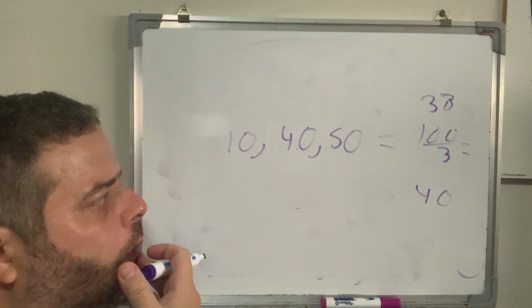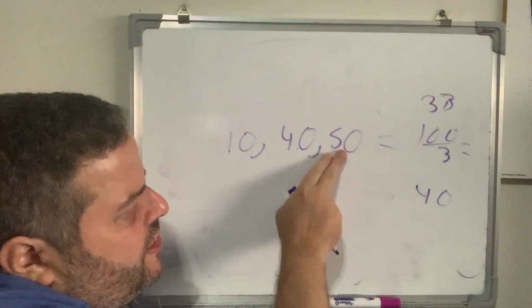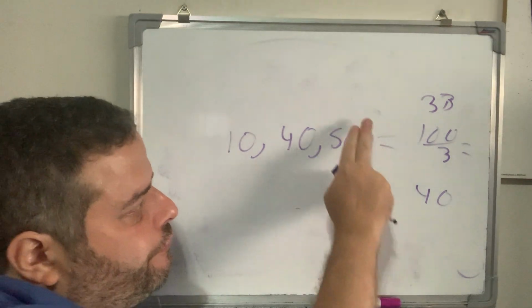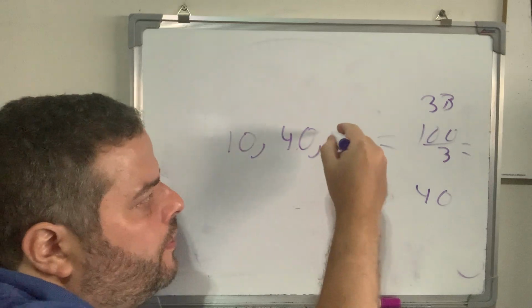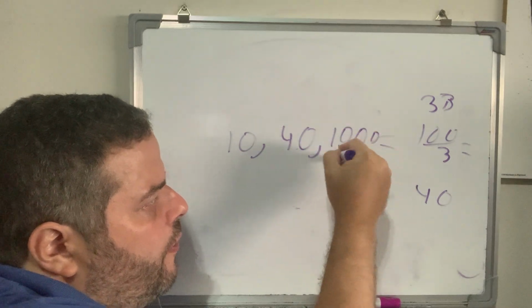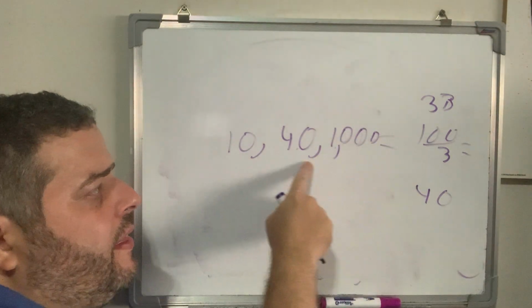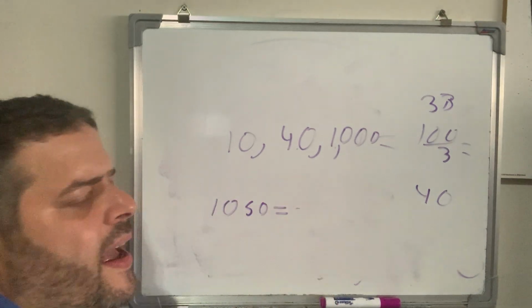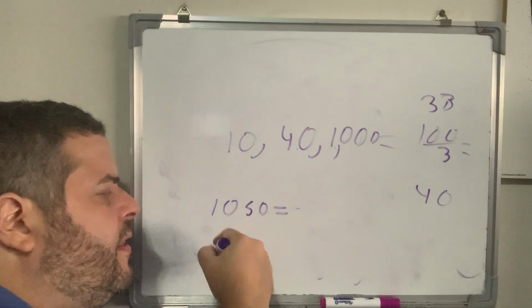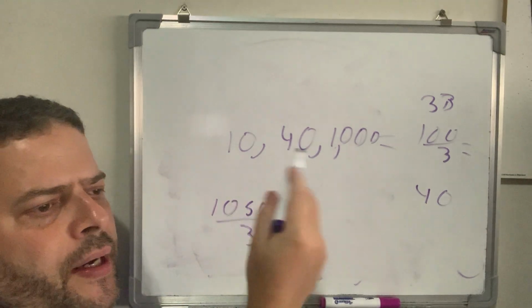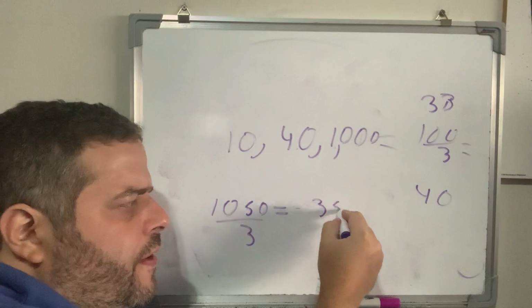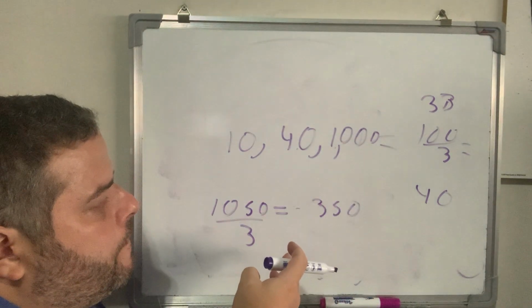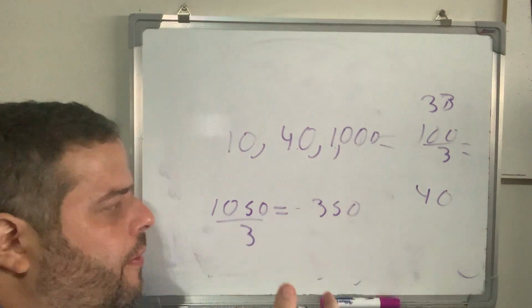Let's go over what would happen now. Let's change this 50 for 1,000. That's an extreme value. Now, when I add this, I would have 1,050, and the average, this divided by 3, will be 350.